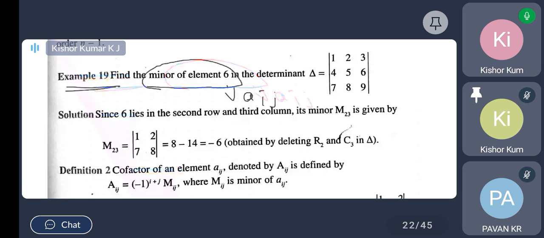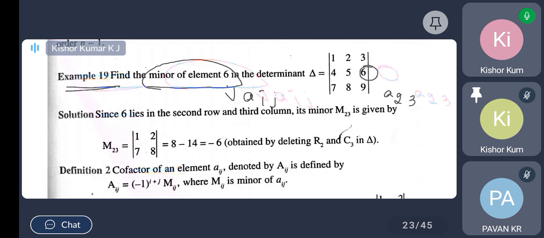First identify where 6 lies. Here 6 is present in the second row, third column. So 6 is an element a23, second row, third column.